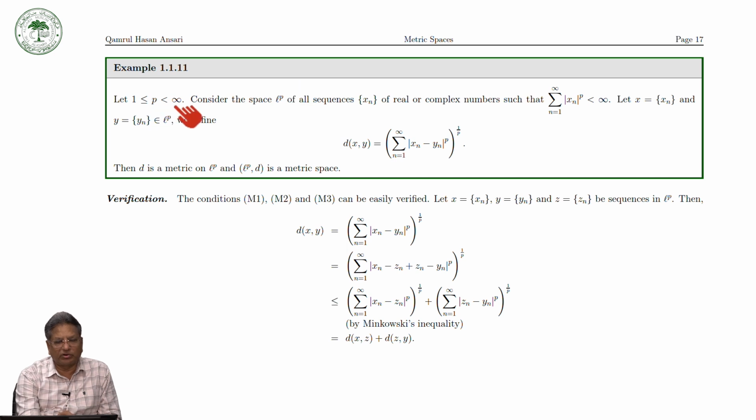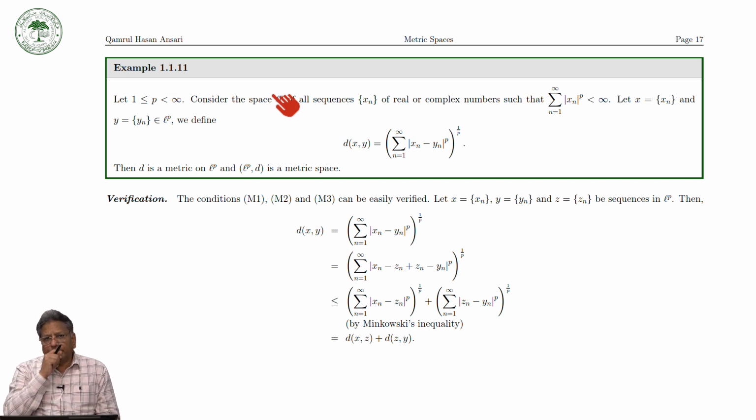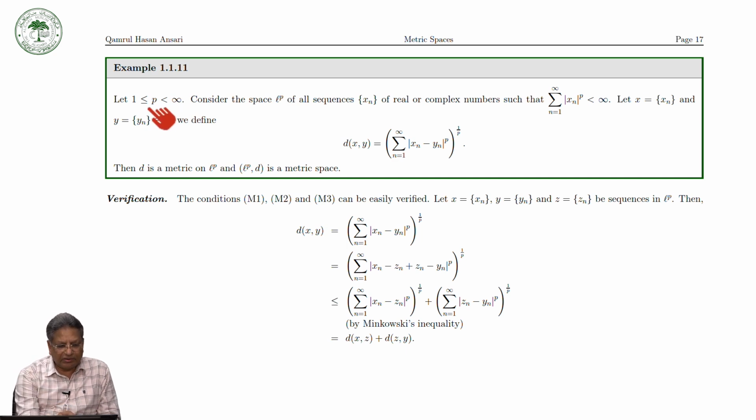Here P is not equal to infinity. When P is equal to infinity, it is the space of all bounded sequences of real or complex numbers. But here, without infinity, when P is finite, greater than or equal to 1, it is known as LP space. Keep in mind, it is known as LP space.